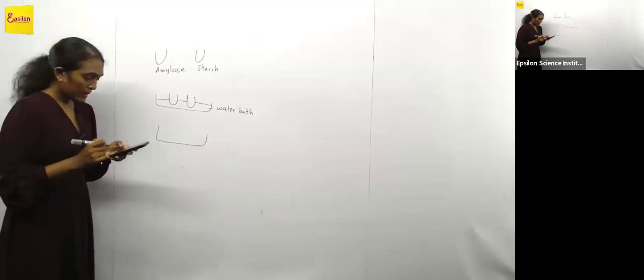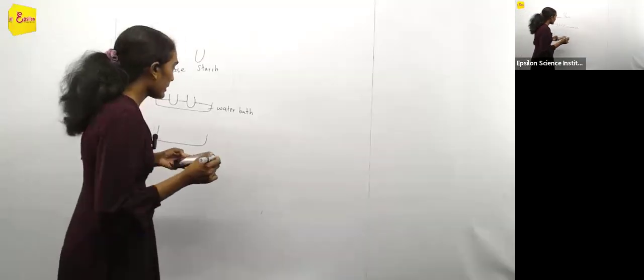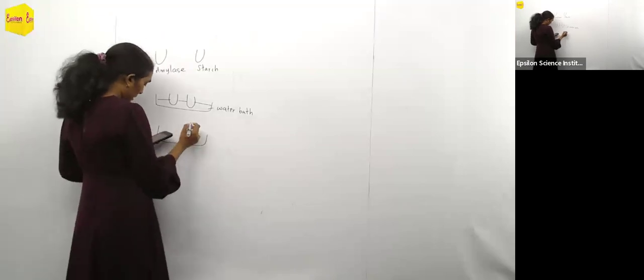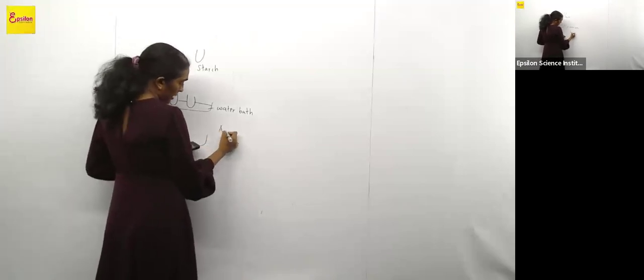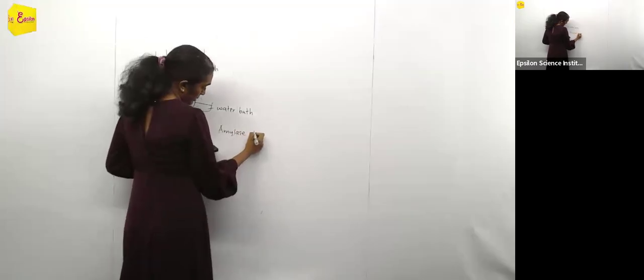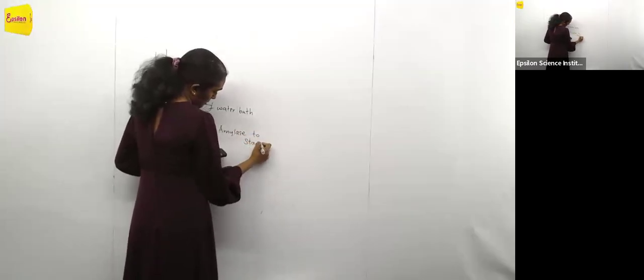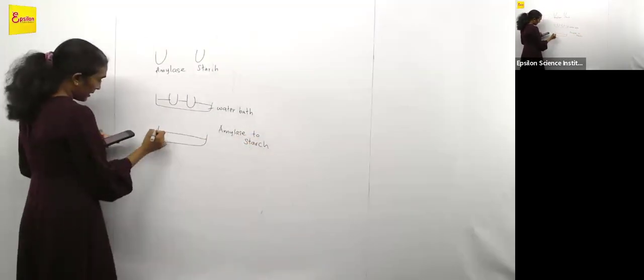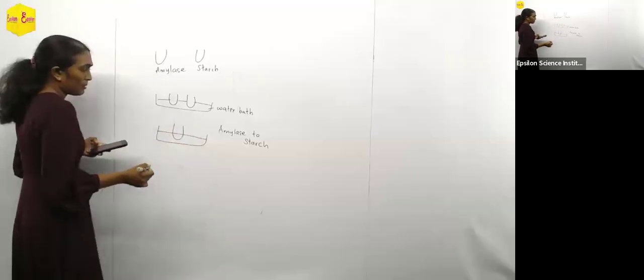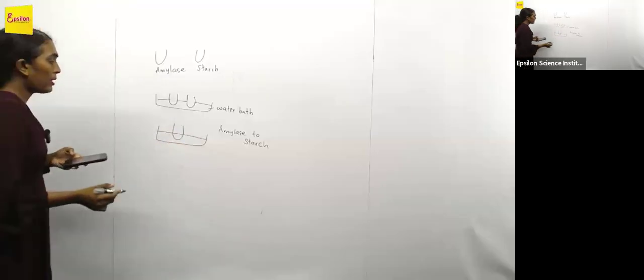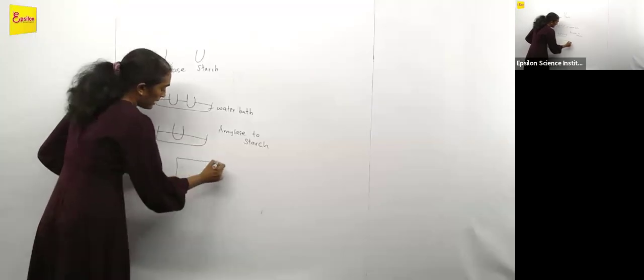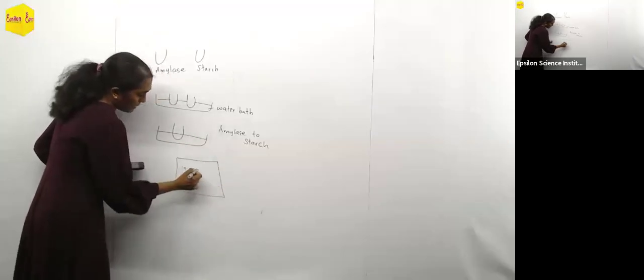The correct way is not what is given in your book. It's given correctly in the Sinhala book. You're mixing amylase to starch, okay? Understand the correct method. You will be keeping it also in the water bath, and you're taking a white porcelain tile which is containing iodine drops.